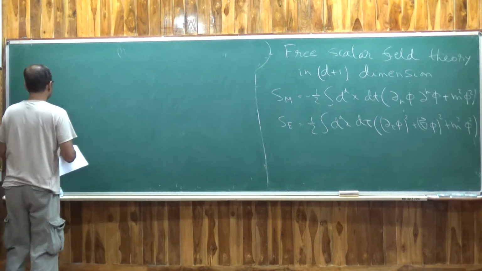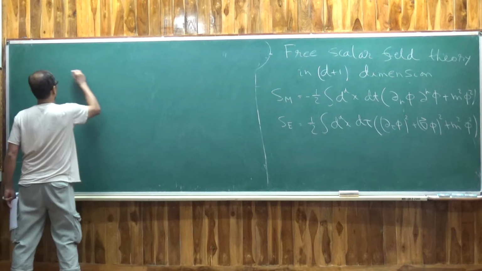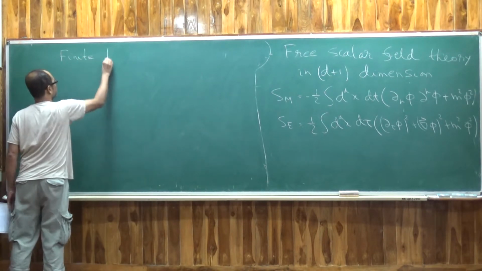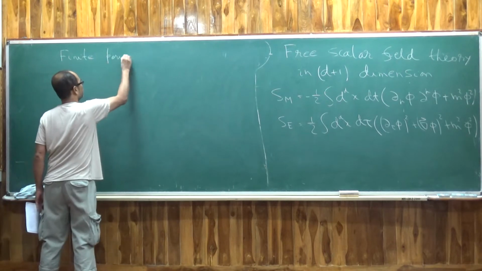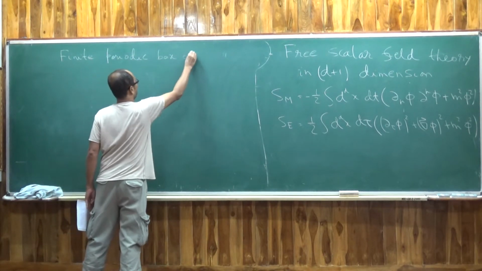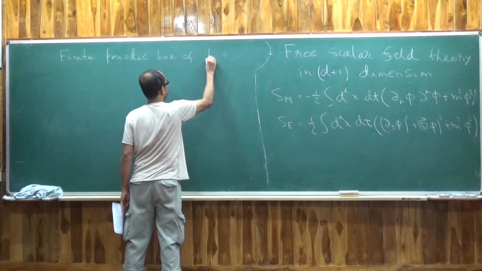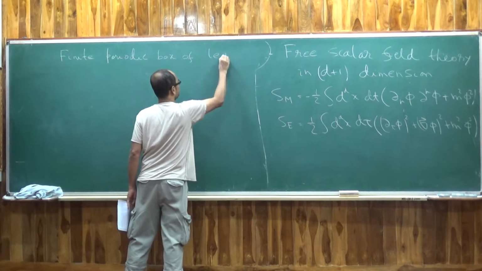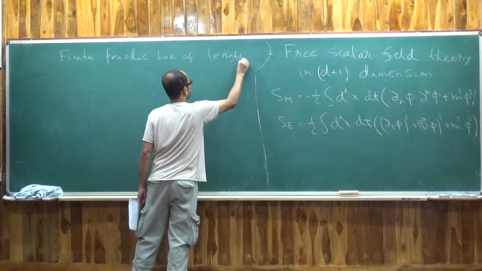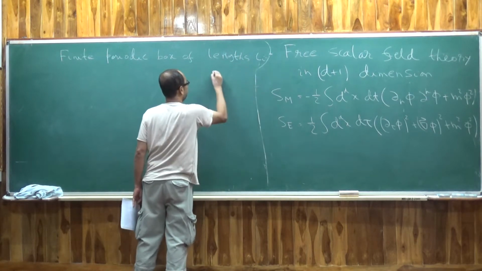Okay, so let's begin with a finite periodic box of length L_i, i equal to 1 to d.